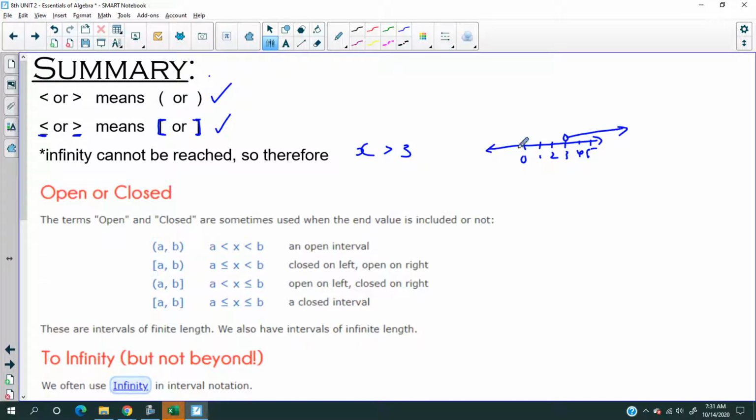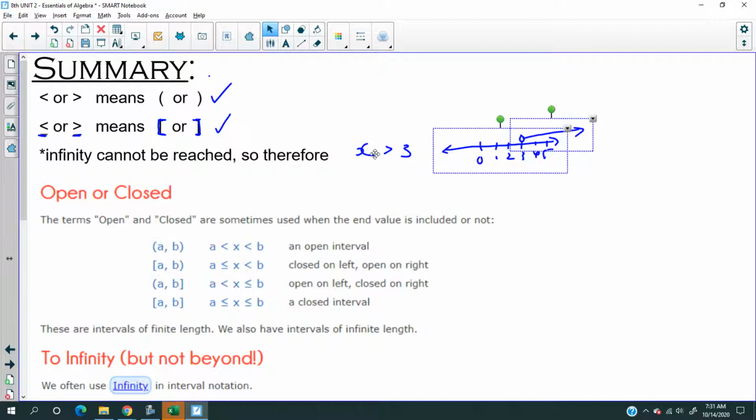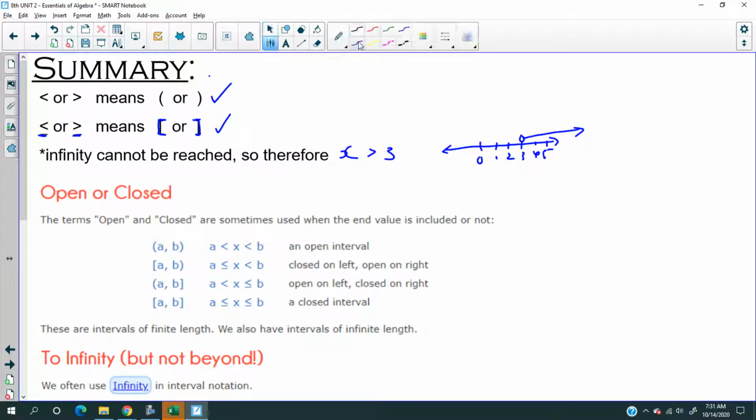Now, how would you write this in interval notation, by the way? He didn't mention this. Hold on, let me turn the lights on. So these are the 3 ways you could view this. There are 3 ways to look at something like this.